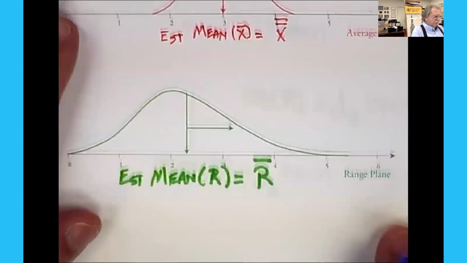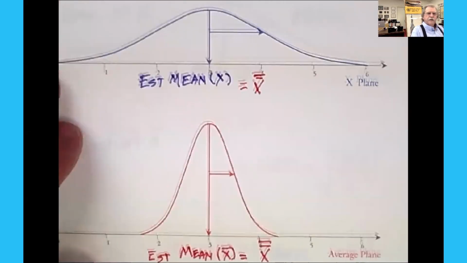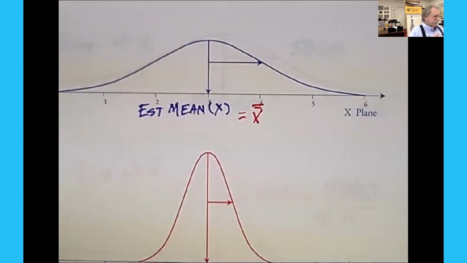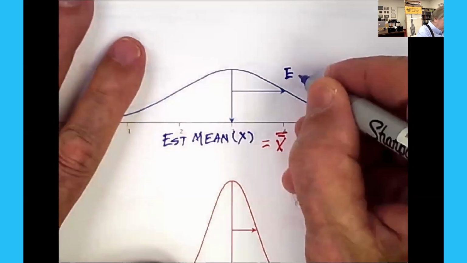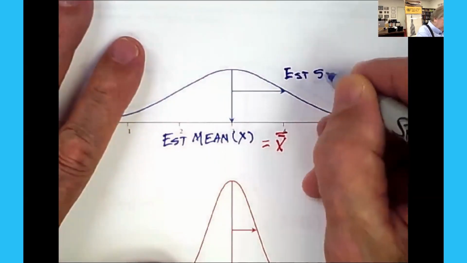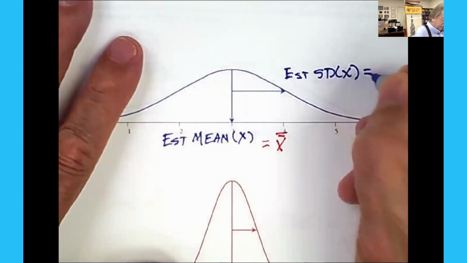Now that we've taken care of location, let's go back up here and go to work on standard deviation. Let's go up here to estimate the standard deviation for the distribution of x.